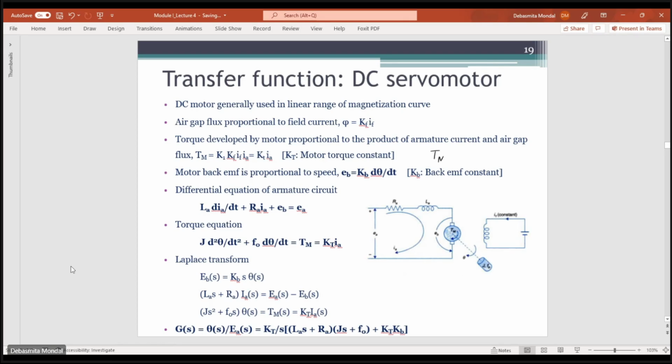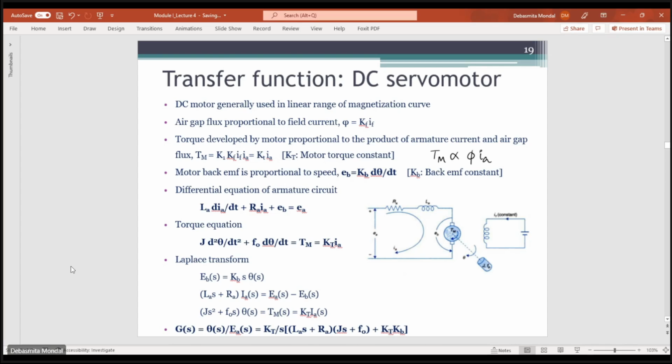So Tm equals some constant K1 times phi, which is Kf into If, times Ia. Since If is constant for this armature controlled DC servo motor, Tm will be directly proportional to the armature current.